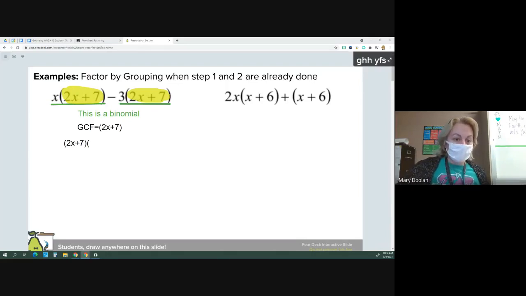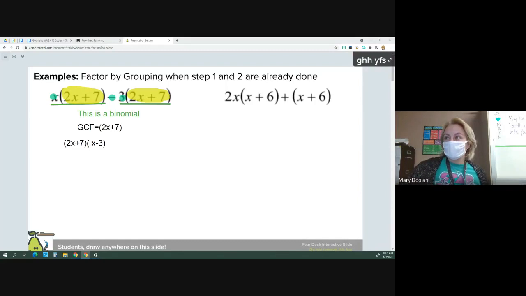And it's what's left over. So I can use a different color highlighter, and I can see that there's an x left here, there's a 3 here, and I'm subtracting them. So that's what's going in the second binomial, x minus 3. Okay, and then that's factored.